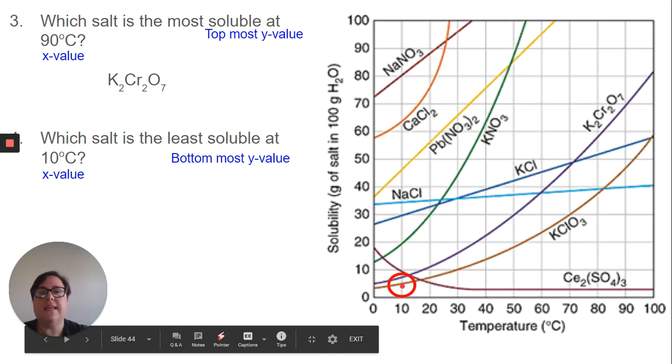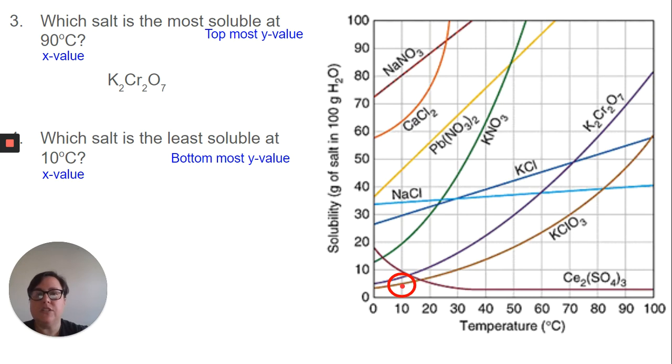So then we have to think, because the question says which salt, is this an ionic compound? Potassium is a metal, ClO3, those are nonmetals. So yes, this is a salt because it's ionic. So KClO3 would be our answer. If that was not ionic, we would simply move up to the next line.